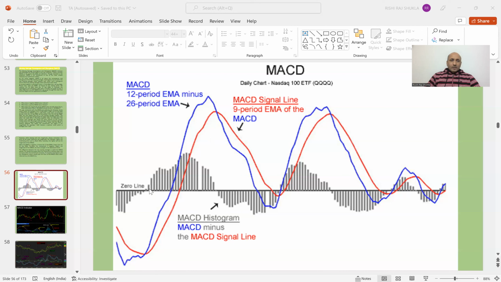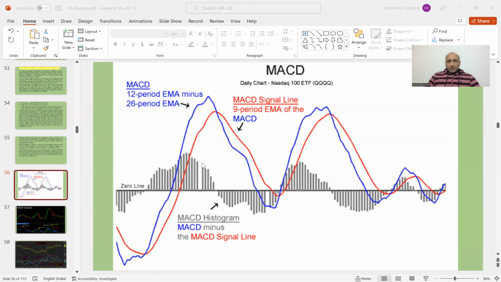So one can see here that this negative histogram is reducing, and whenever it crosses, a positive histogram is created again. If both match, then one can take the trade and it is beneficial.